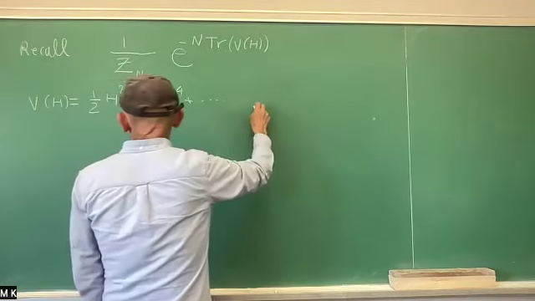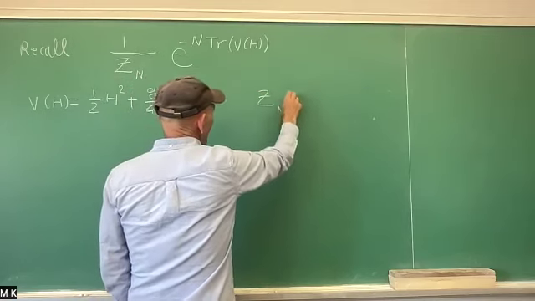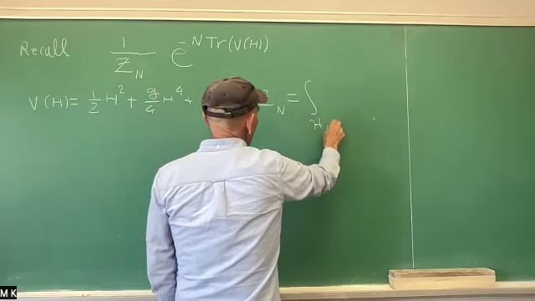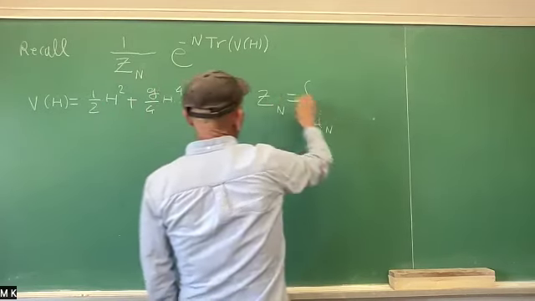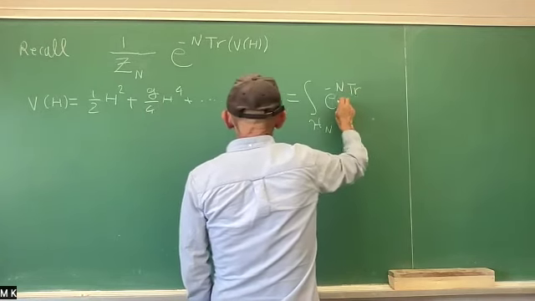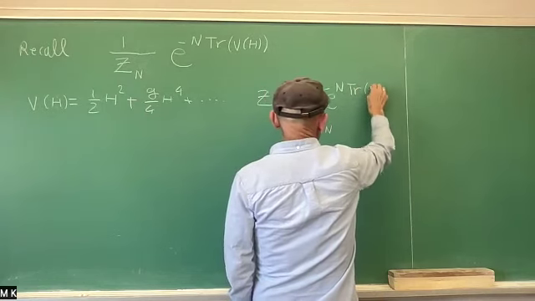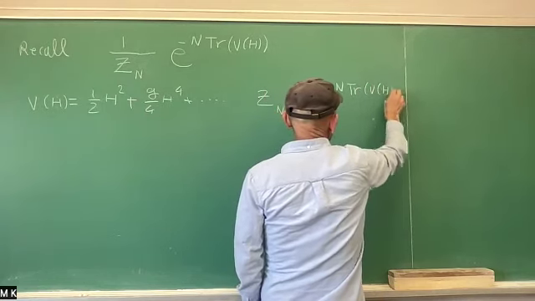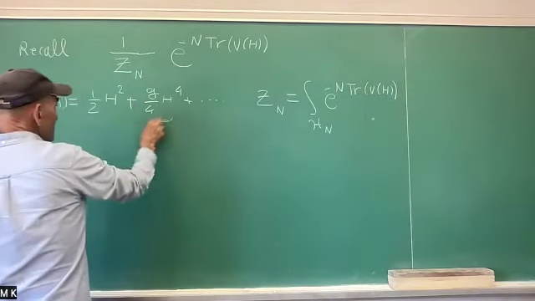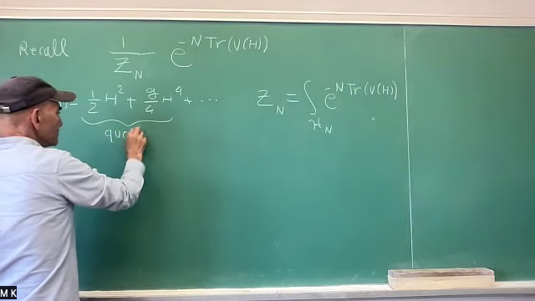And of course, we had this, Zn is equal to the total integral over Hn of e to the minus n trace of E of H. So in particular, if we just have this, we say we have a quartic model.